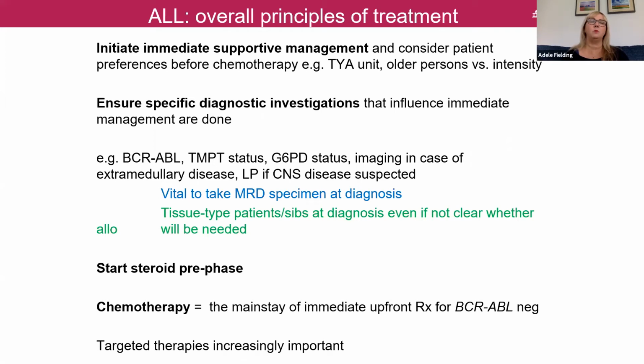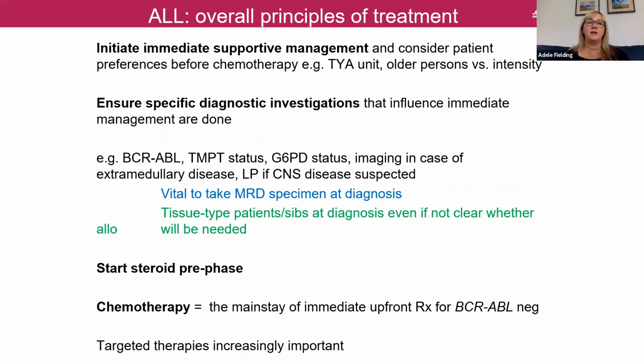But by and large, we would think of ALL as an emergency, and we would not wait before trying to get people involved in treatment. Treatment essentially is divided into supportive management: all the general things we have to do to keep people well, to try and prevent them getting infections, to make sure they're well hydrated, to preserve their organ function and so forth. They can be started straight away. So that's what we often do: we immediately initiate the supportive care and do our best, if there are options, to consider the patient's preferences.